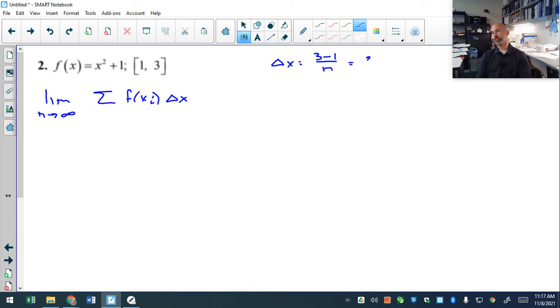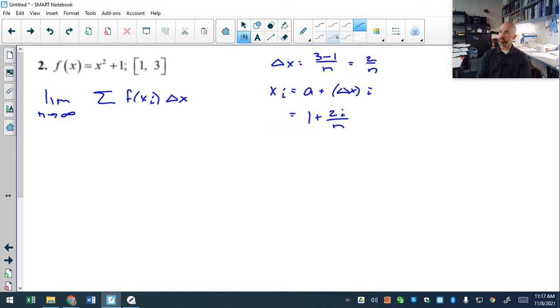So in this case, that's 2 over n. Your x sub i is where your interval begins, a, plus your delta x times i, which for this problem is a, which is 1, plus 2 over n times i, which is 2i over n.